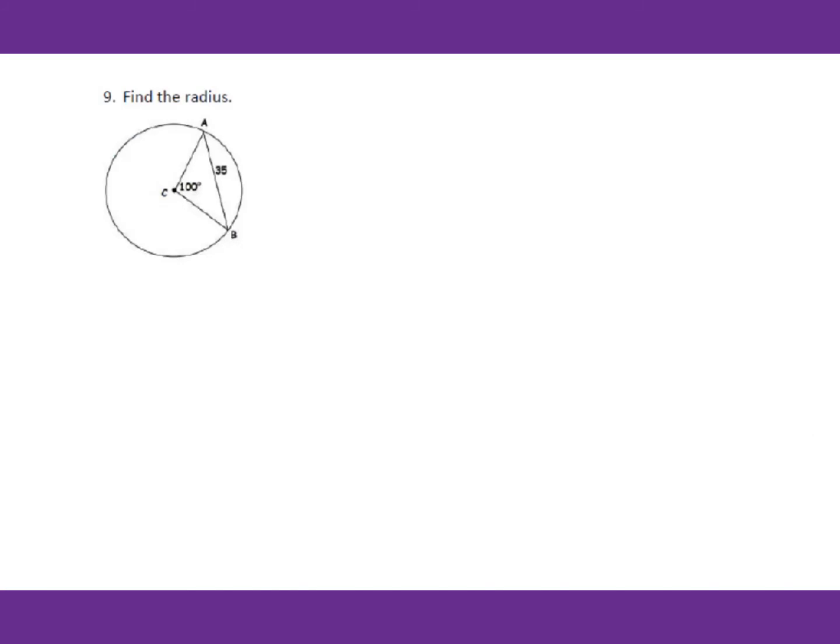Let's use the Sine Law to do more examples. Find the radius. Label as R. Since this is an isosceles triangle, we got this is a 40 degree angle. Therefore, we can do 35 over sine 100 degrees equals R over sine 40 degrees.